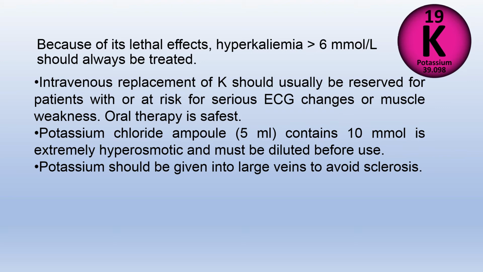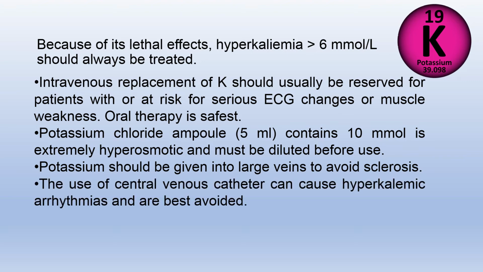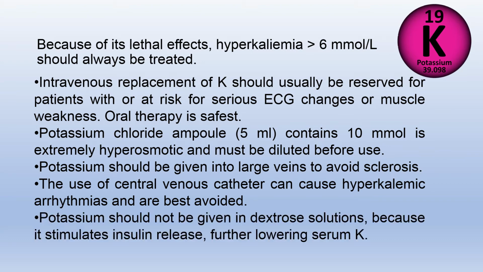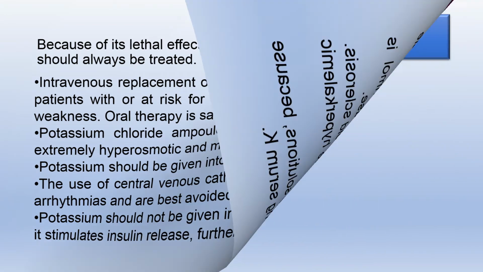Potassium should be given in large veins to avoid sclerosis and thrombosis. The use of a central venous catheter can cause hyperkalemic arrhythmias and is best avoided. Potassium should not be given in dextrose solution because it stimulates insulin release, further lowering serum potassium.